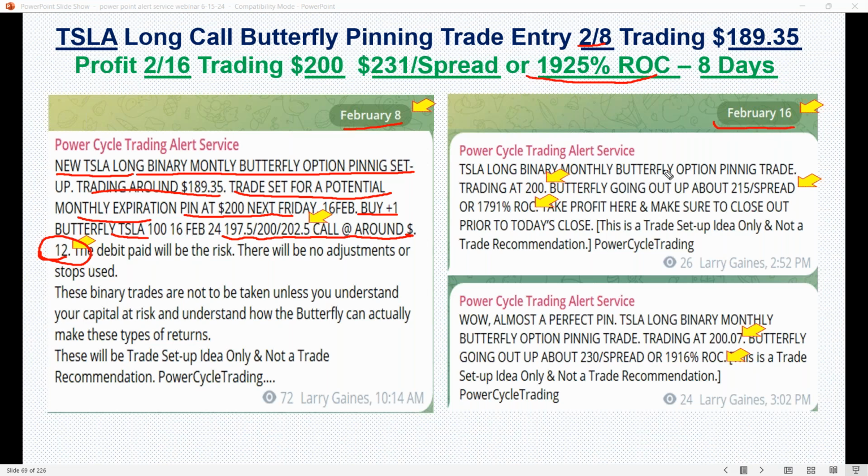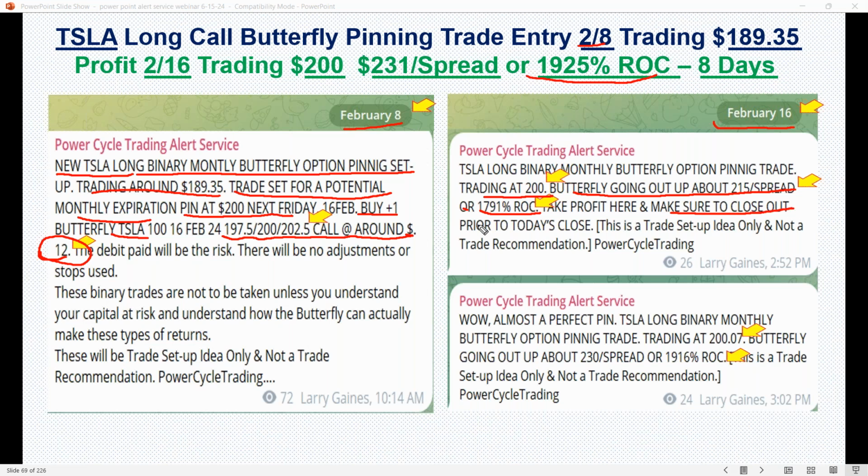Now here it was at about 2:52 p.m. I sent out this message: Tesla long binary monthly pinning trade, trading at $200. Butterfly going out up about $215 per spread, or 1,791% return. Take profit here.